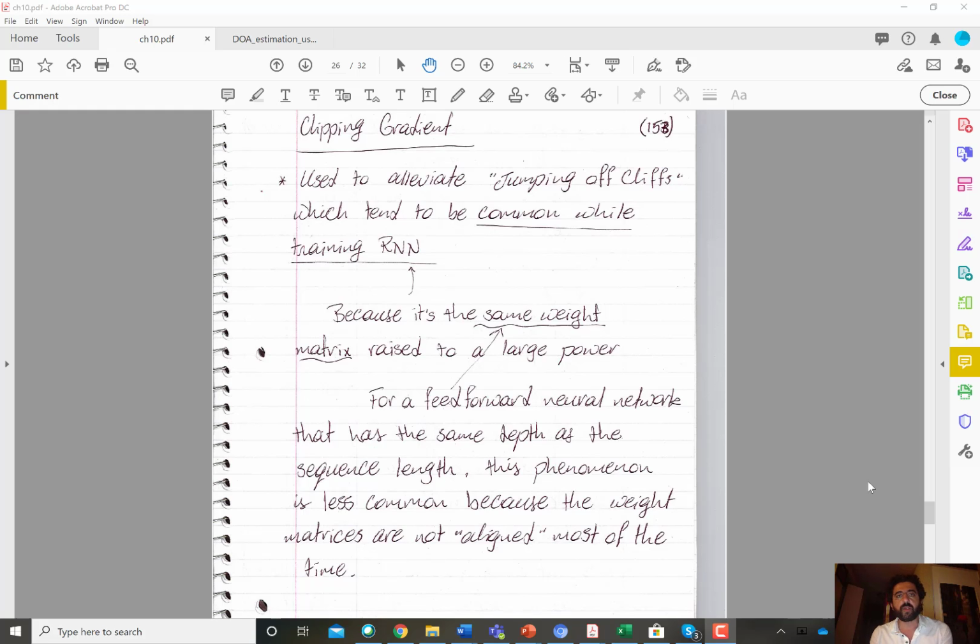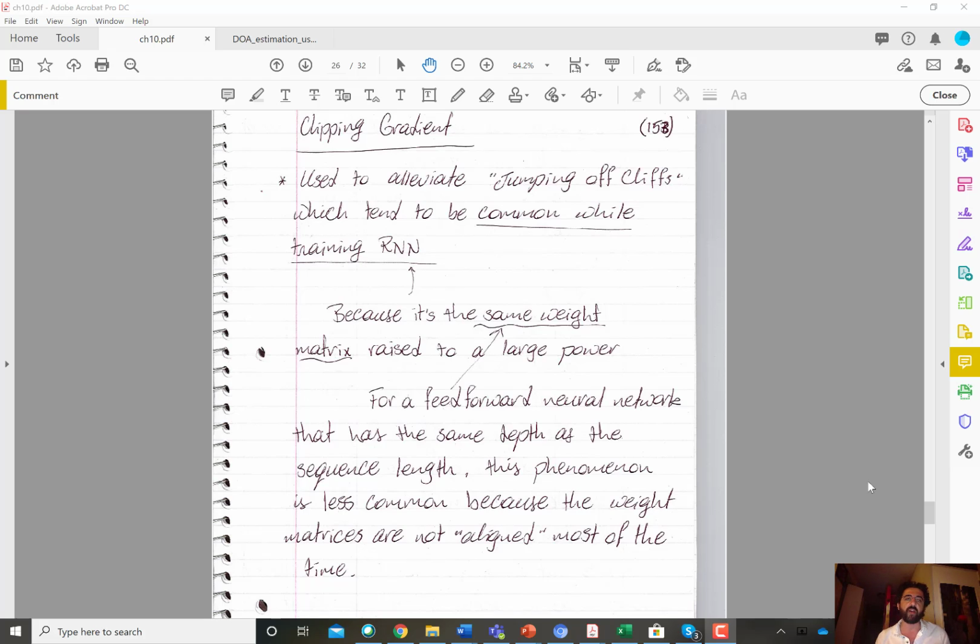Hi everyone. So in this video we discuss the strategy of clipping gradients, which is mainly used to deal with the exploding gradient problem. This problem is very evident and happens a lot with recurrent neural networks, much more than normal feed-forward networks, even feed-forward networks that have the same depth as the computational graph corresponding to the recurrent neural network when unfolded.